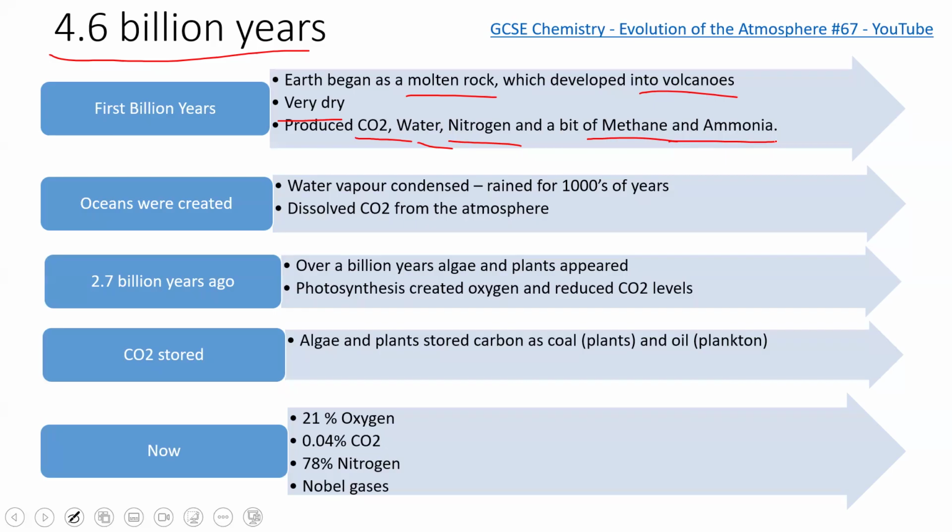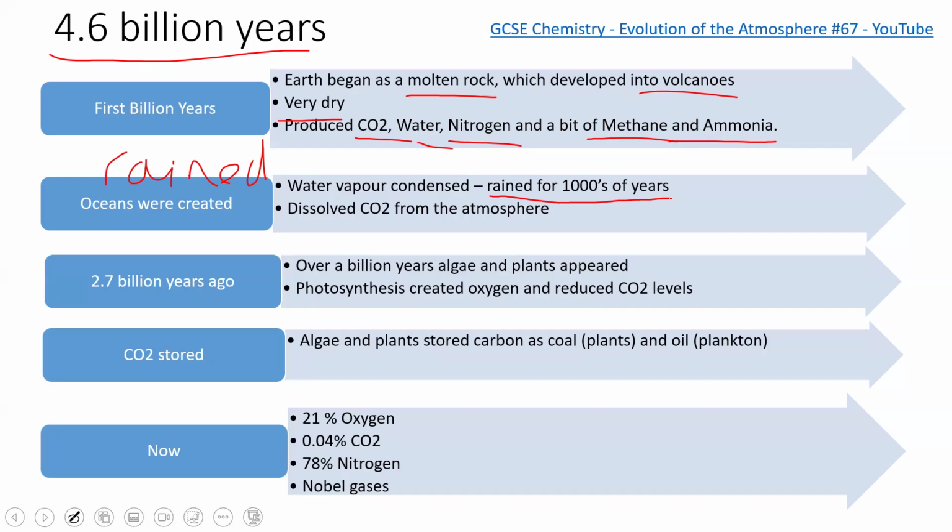As Earth cooled, it rained. They say it rained for thousands of years, which is even worse than the UK. If you think about it, the Earth was rock, volcanoes, no water.